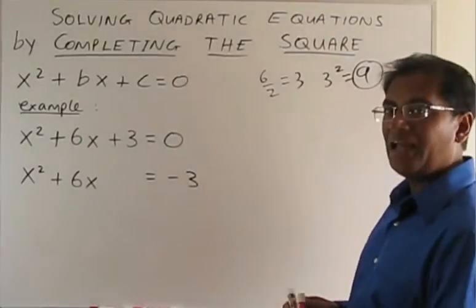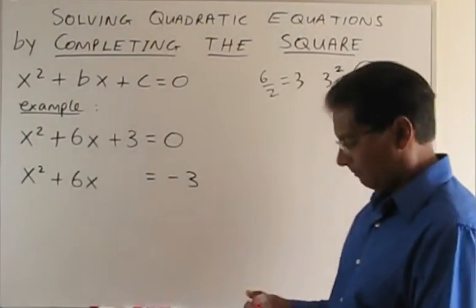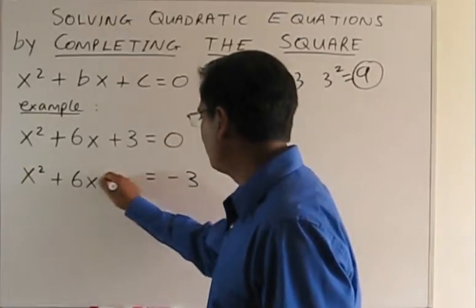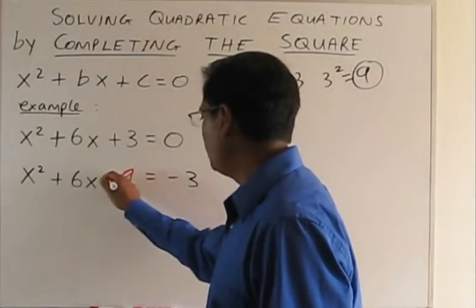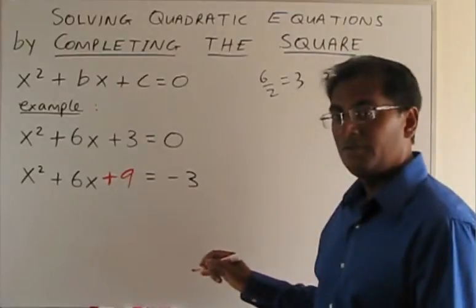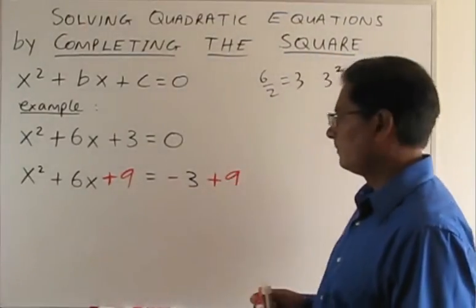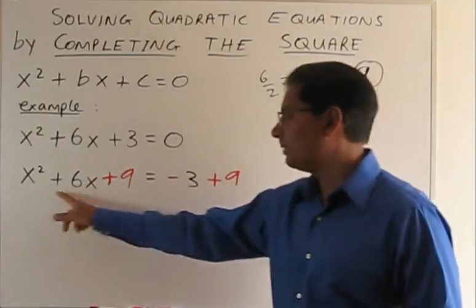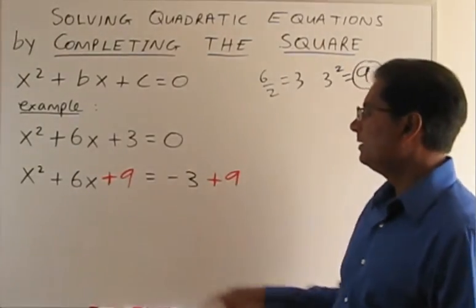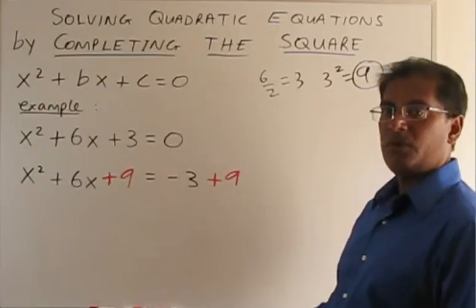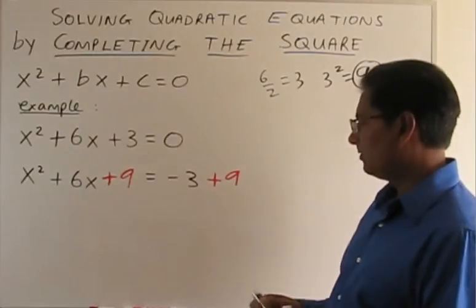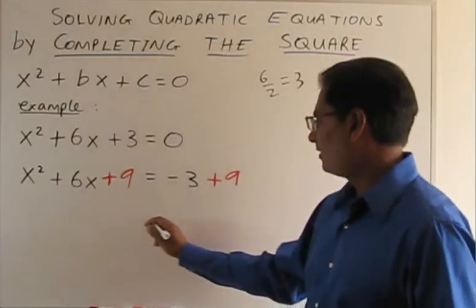And we're going to add 9 to the left side here. And because we have an equation, we have to add 9 to the right side. So on the left side we have x squared plus 6x plus 9 and equals negative 3 plus 9. Well, we could add the right side. Negative 3 plus 9 is 6.